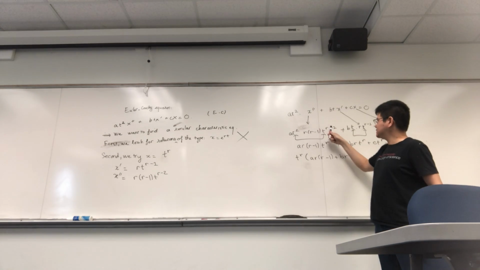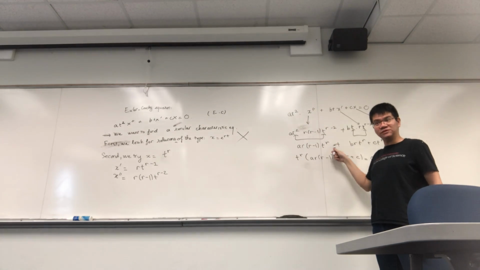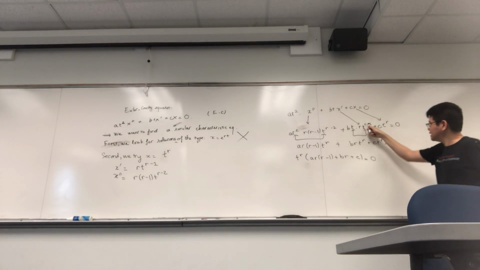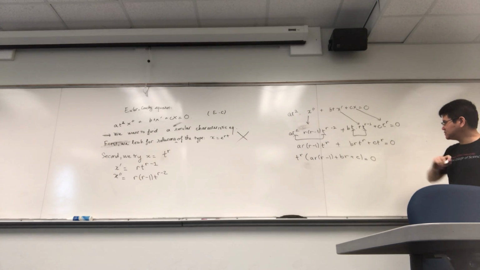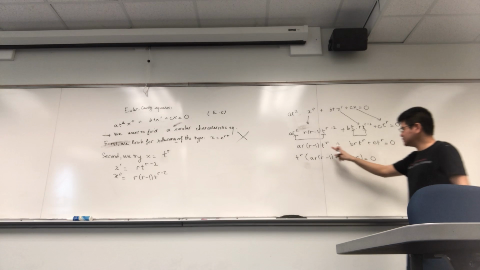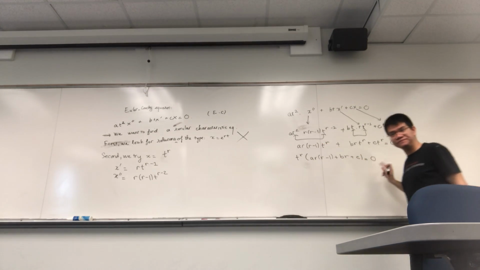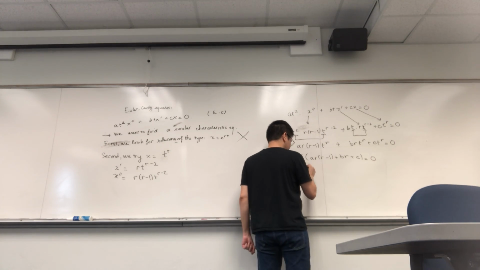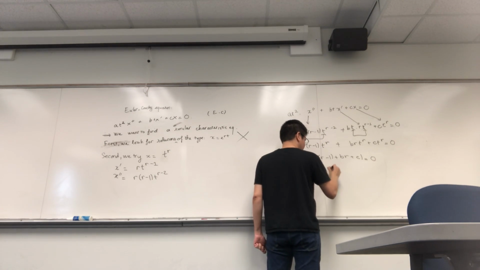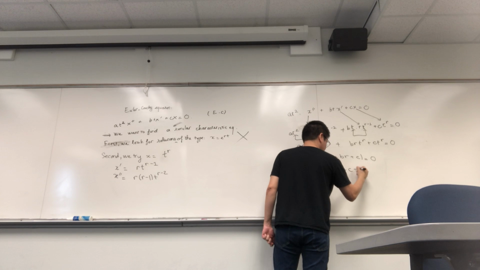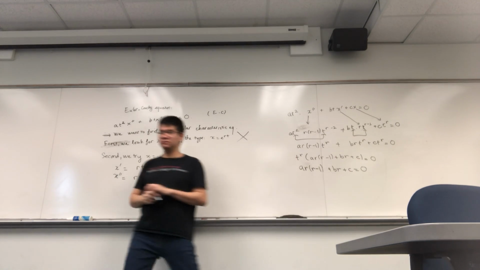The t squared and the t to the r minus 2 can be combined to t to the r. And then the t times t to the r minus 1 can be combined to t to the r. So you can factor t to the r outside and you get this equation. Right? So then you have a r times r minus 1 plus b r plus c is 0.